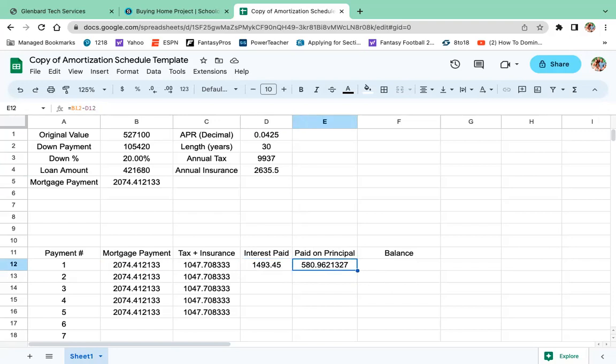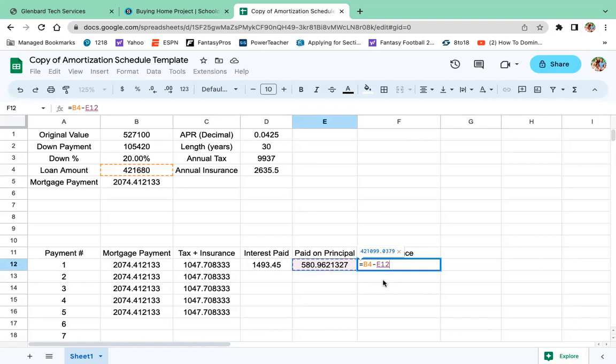Now, how much is left on the balance of the home? The balance of the loan is going to be equal to what was the loan amount minus how much principal did we just pay? So B4 minus E12.